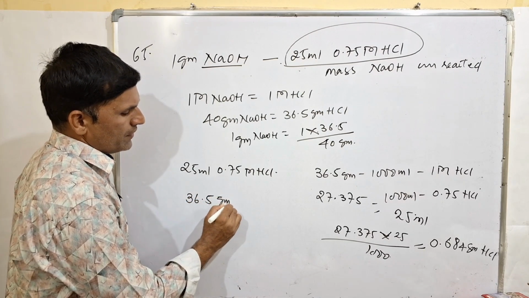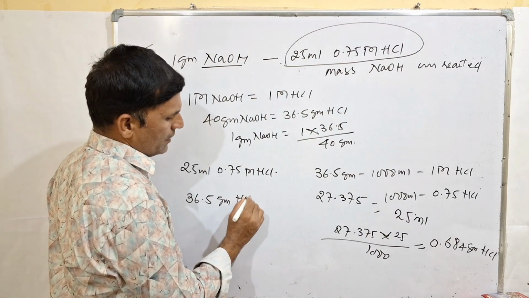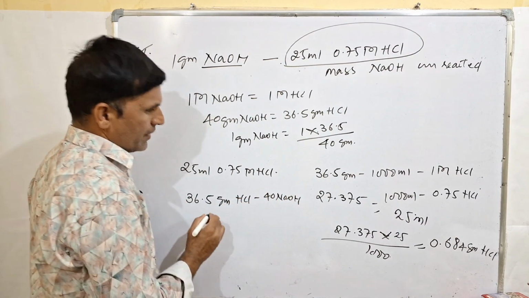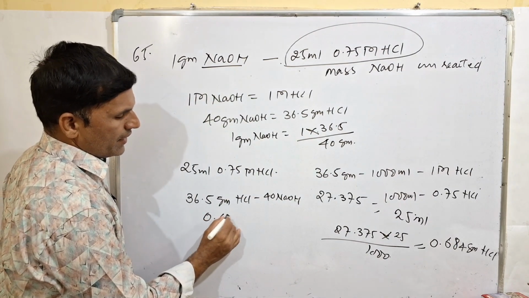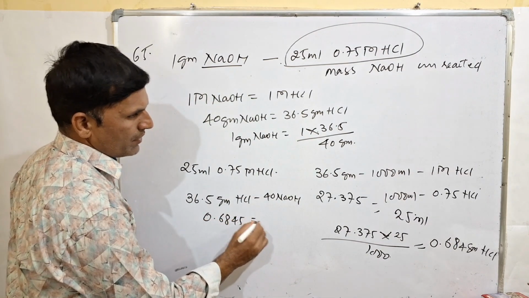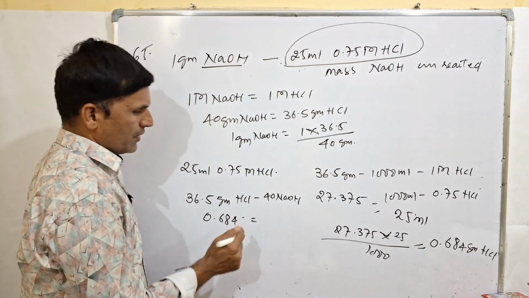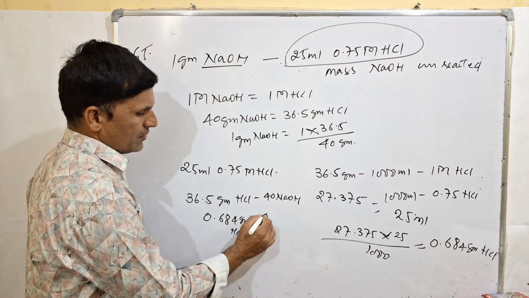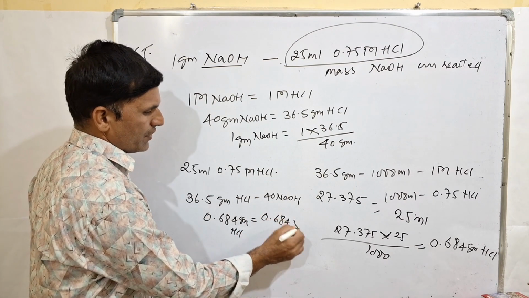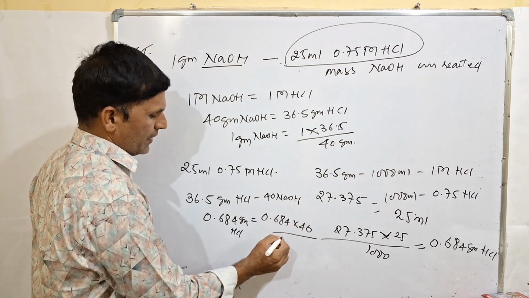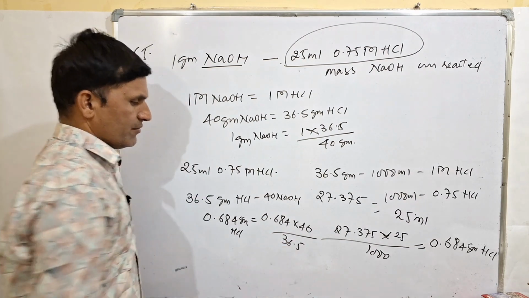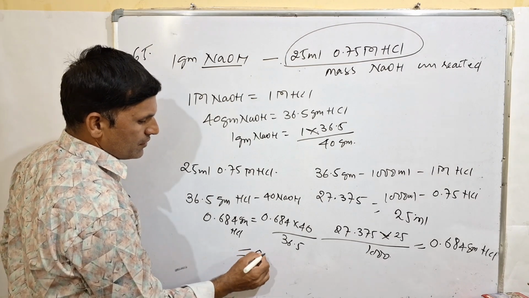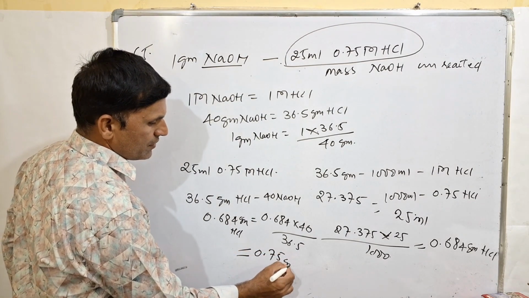Now we know that 36.5 grams of HCl is equal to 40 grams of NaOH, and 0.684 grams of HCl corresponds to how much? So 0.684 into 40 divided by 36.5 turns out to be 0.75 grams.